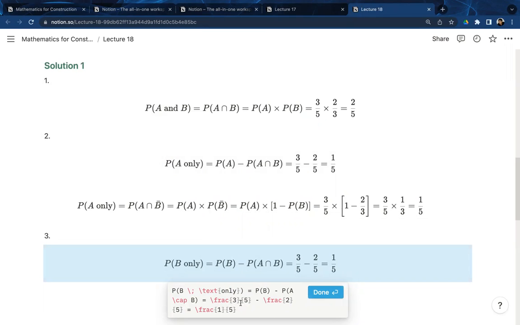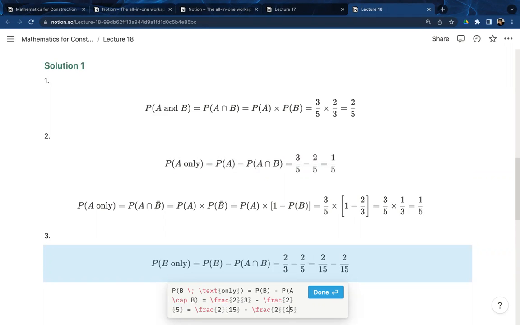The probability of B is 2/3. Minus the intersection. What is the intersection? The intersection we found in the first part to be 2/5, right? So 2/3 minus 2/5. You work with equivalent fractions there, so you express each of these as something over 15.